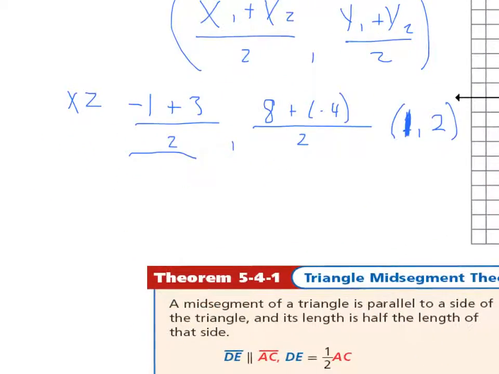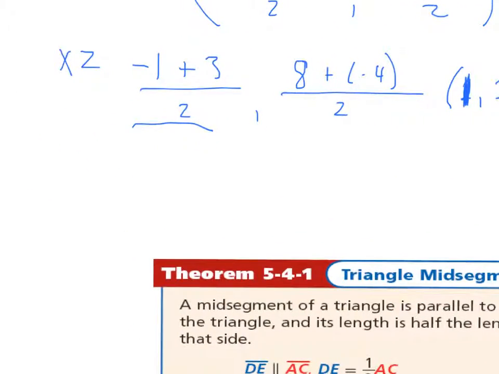Now let's find the midpoint of YZ. Your x1 plus x2 should be 9 plus 3 divided by 2. And then your y2 plus y1 should be 2 plus -4.